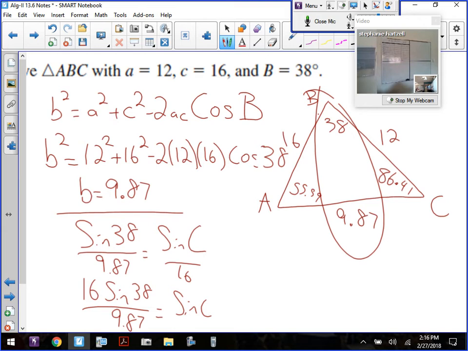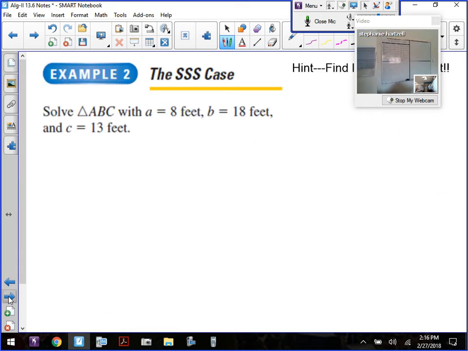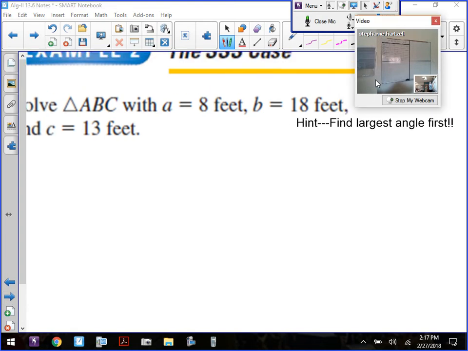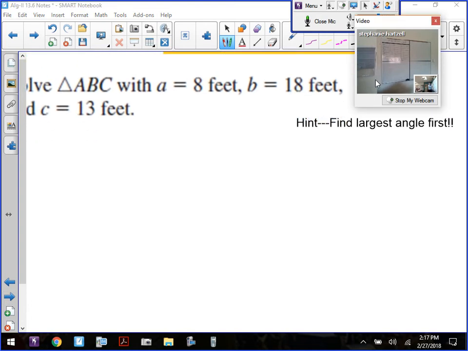All right, let's try another one. This is the side, side, side scenario. What's that?